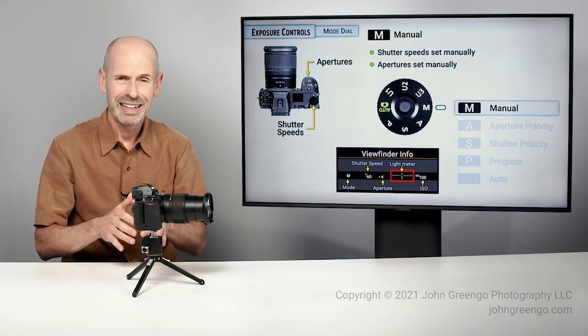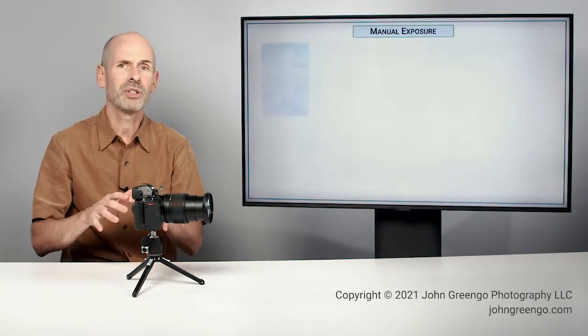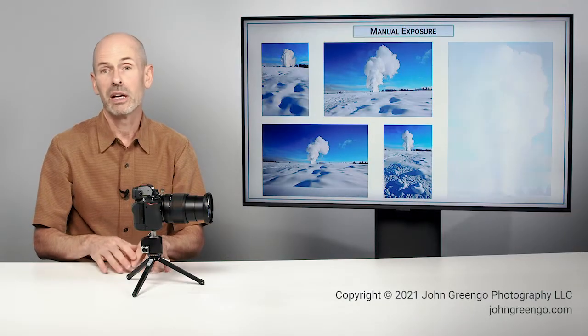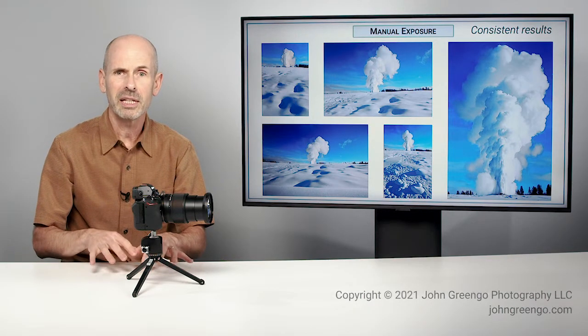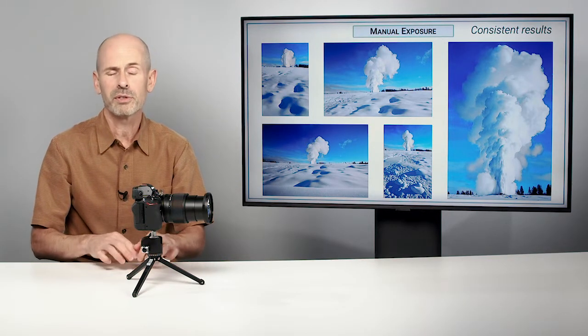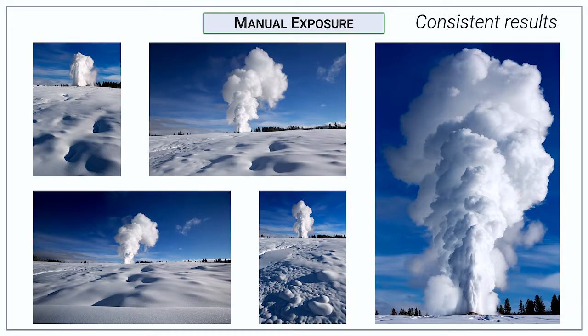Now the reason I like manual exposure is because you get consistent results as long as you have consistent lighting. And so sometimes you'll have something happening and you want to get a variety of shots, variety of angles, different points of view, and you just want to shoot very quickly with all the same shutter speed and aperture. And you can do all that moving around and you're going to get the exact same exposure results between all your different images.